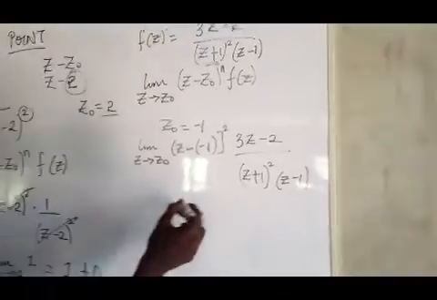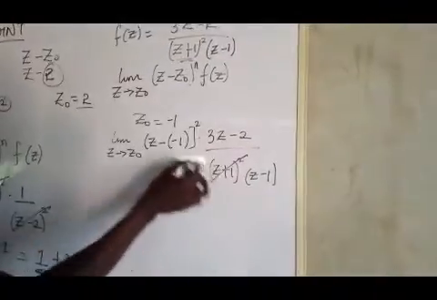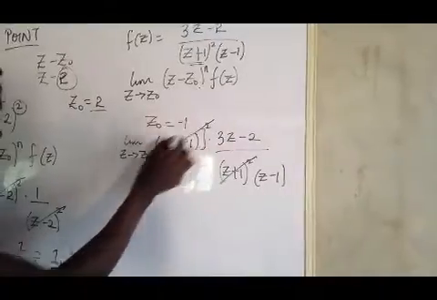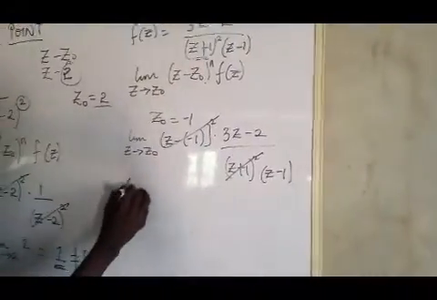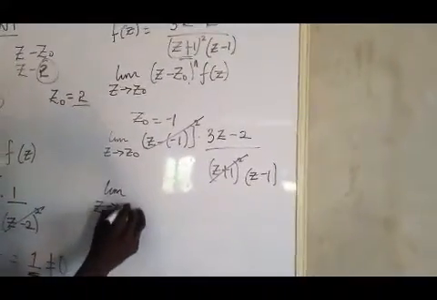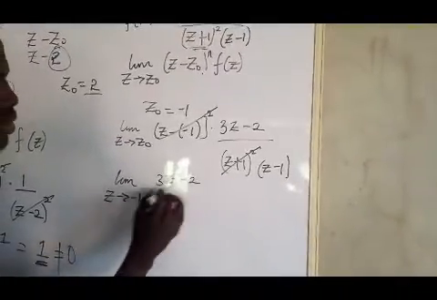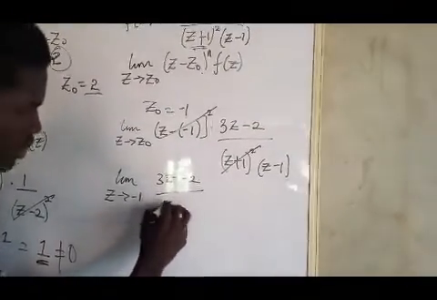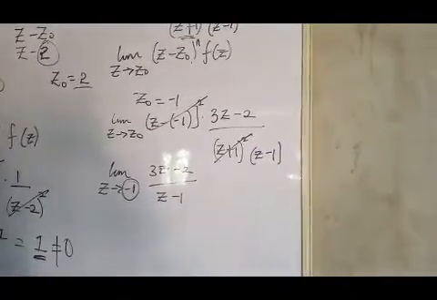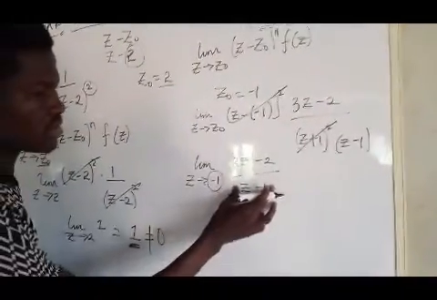Alright. So after this, you can see that this is going to cancel because this minus and minus will give us plus, and it will also cancel this. So we have limit as z tends to minus 1 of 3z minus 2 over z minus 1. After that, the next thing you do is put minus 1 in anywhere you are seeing z.